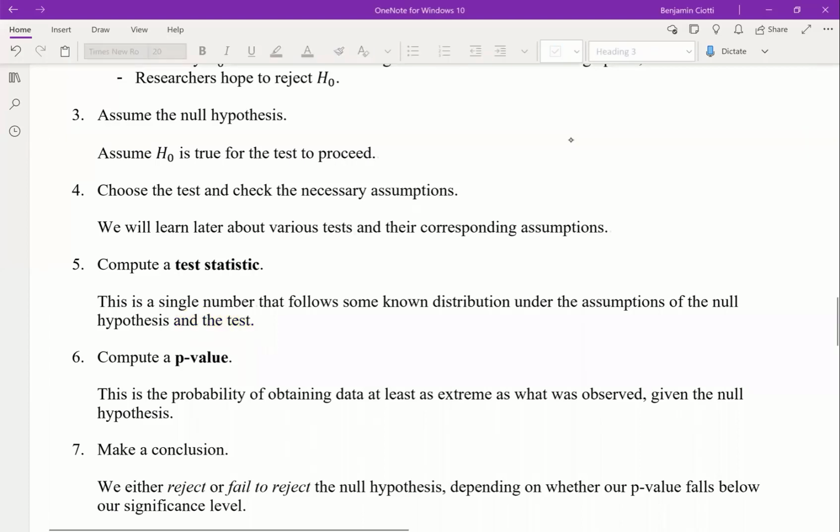And the test, which, as I said, we'll talk more about later. Once you know your test statistic, you can compute a p-value. So p-values are probabilities. That's what the p stands for. And it's the probability of obtaining data at least as extreme as what was observed given the null hypothesis.